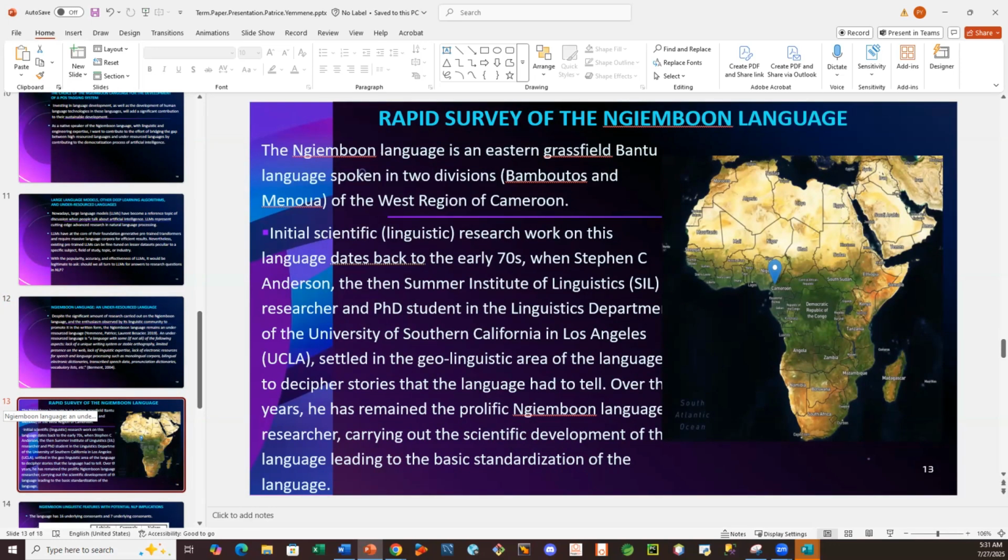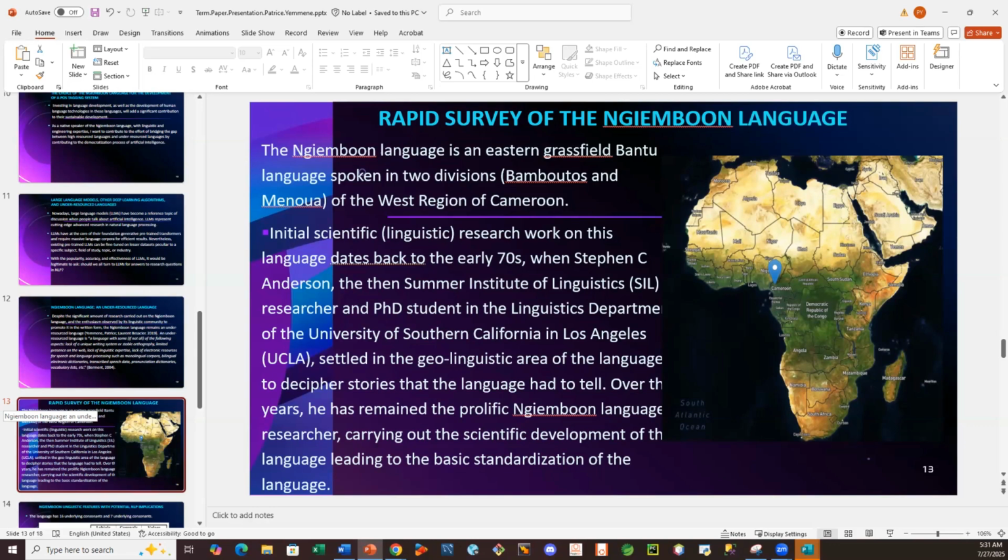The initial scientific or linguistic research work on this language dates back to the early 70s when Stephen Anderson, at the time a Summer Institute of Linguistics researcher and PhD student in the linguistics department of the University of Southern California in Los Angeles, settled in Cameroon to decipher the stories that this language had to tell.